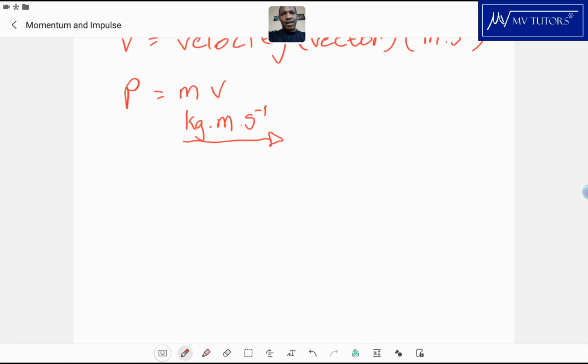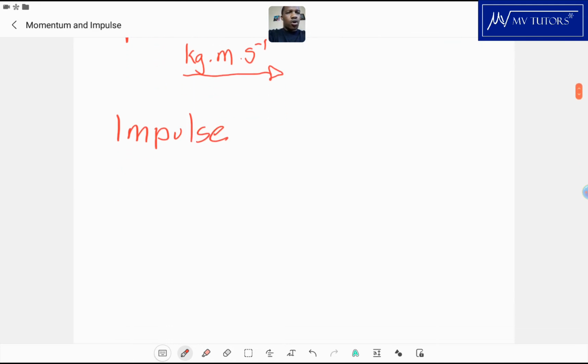We need to understand what impulse is now. Let's talk about impulse. Impulse is really just the change in momentum. Let me put it that way.